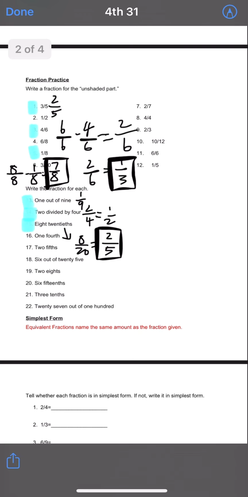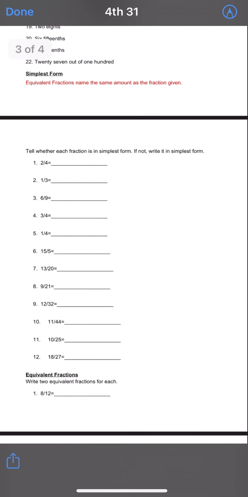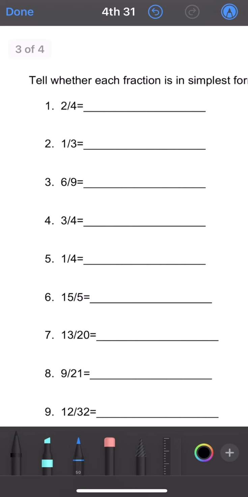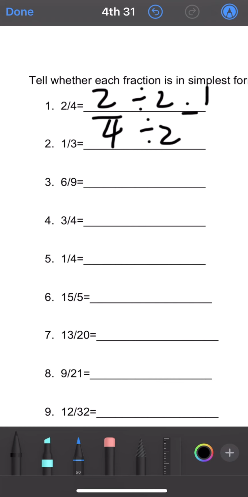Okay, next we'll be doing simplest form. Equivalent fractions name the same amount as the fraction given. Tell whether each fraction is in simplest form. If not, write it in simplest form. So 2/4 can be simplified. Divide top and bottom by 2, and we get 1/2.